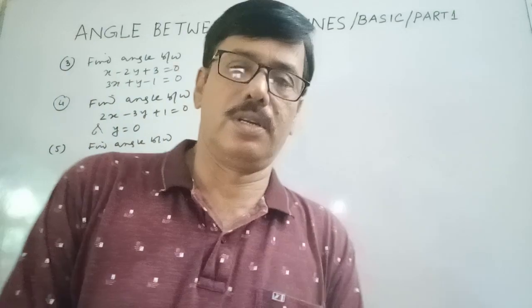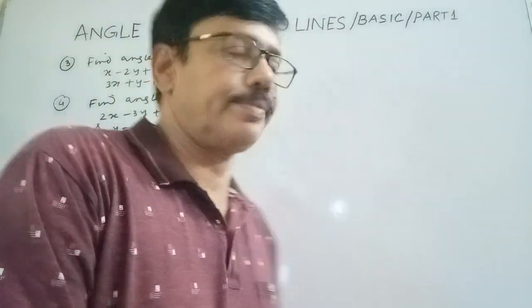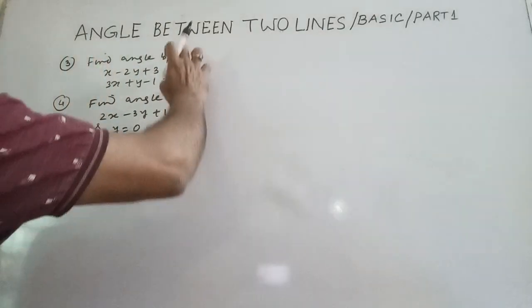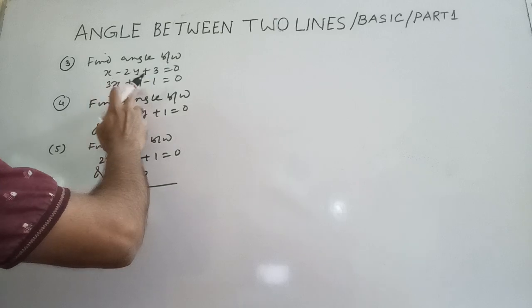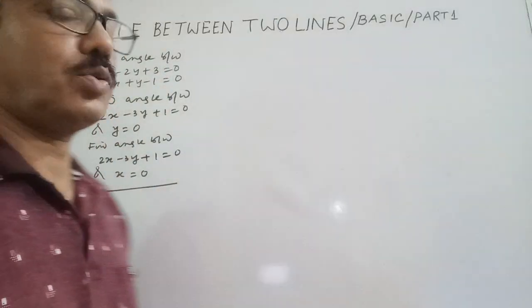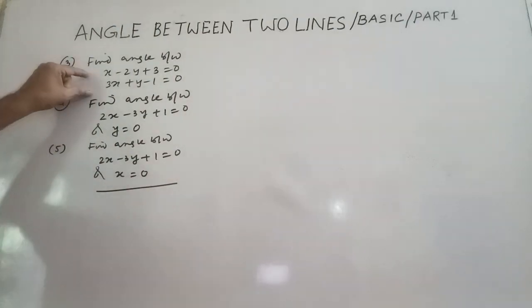Now I consider two more basic problems. Find the angle between x minus 2y plus 3 equals 0 and 3x plus y minus 1 equals 0. So two lines are given.